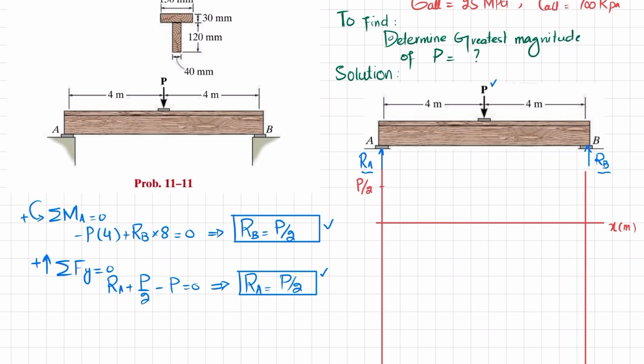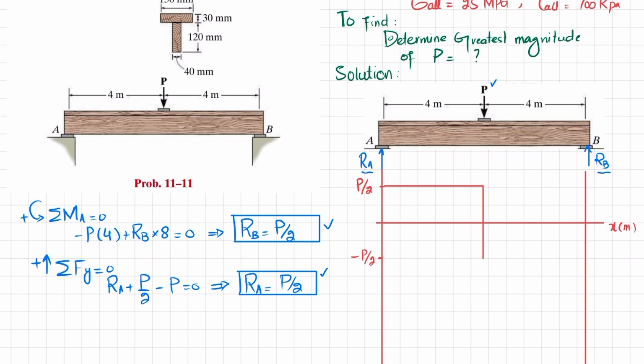Moving from point A till this point, there is no other shear force, so it will remain the same till the mid. Now at this point we have a load of P, so P by 2 minus P will be equal to minus P by 2. So shear force will change from P by 2 to minus P by 2. So it will change to this.